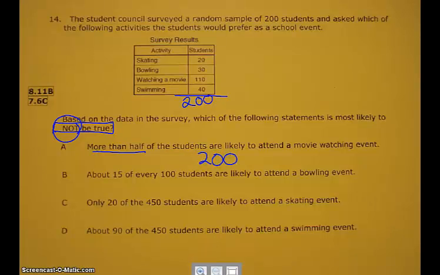Well, let's look for movie watching. 110. Is that more than one half? Is that more than 100? I could look at that and say for sure that 110 is more than 100. So that is true, therefore not the answer.